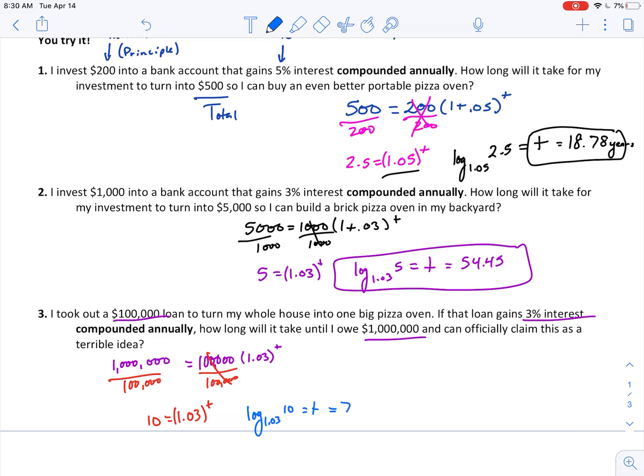So the base of my log should be 1.03 of 10 equals t. So t should be 77.9 years.